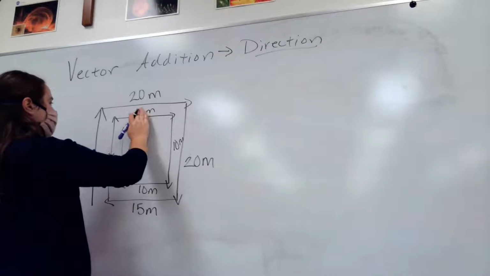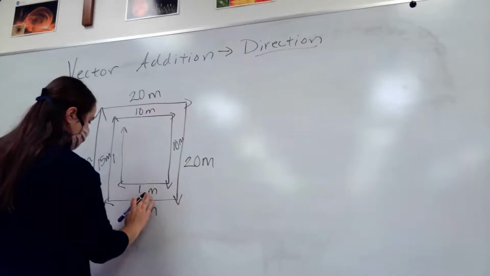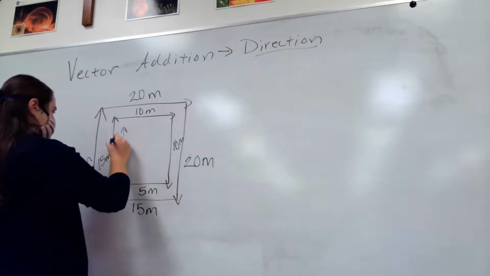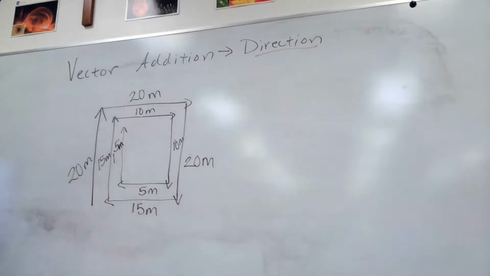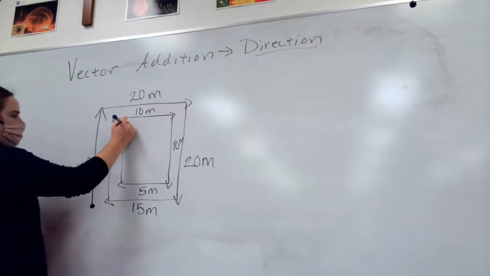Sorry, I'm off a little bit here. This should be 10, that can be 10, this should be 5, and 5. Okay? So we have this nice square here. I want to find the displacement, which is the distance from where we started to where we ended.